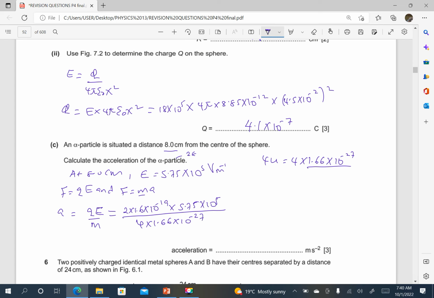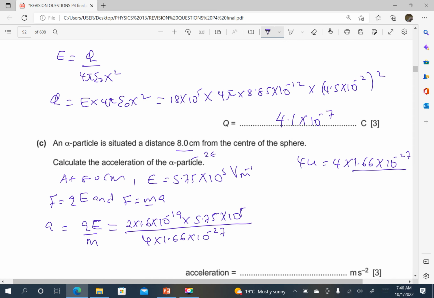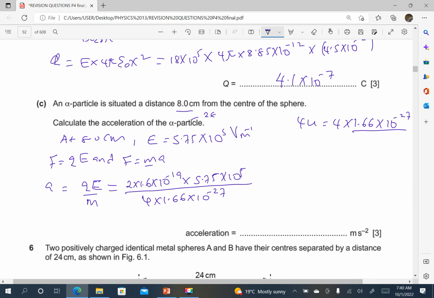So we press the calculator. From my calculator, I'm finding the acceleration as 2.8 times 10 power 13, two significant figures.